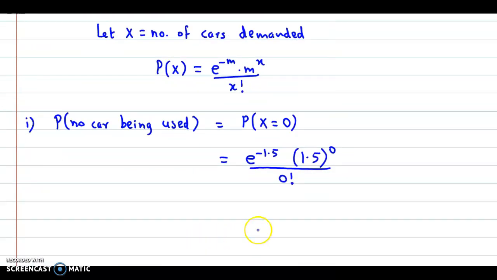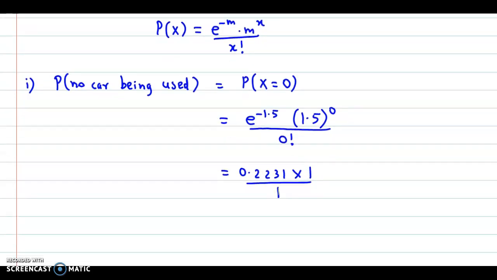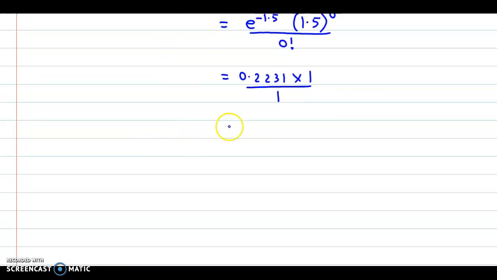So let us substitute here. 0.2231 into 1.5 raised to 0 is 1. 0 factorial is also 1. So basically the final answer we get here is 0.2231. So this is the first case.